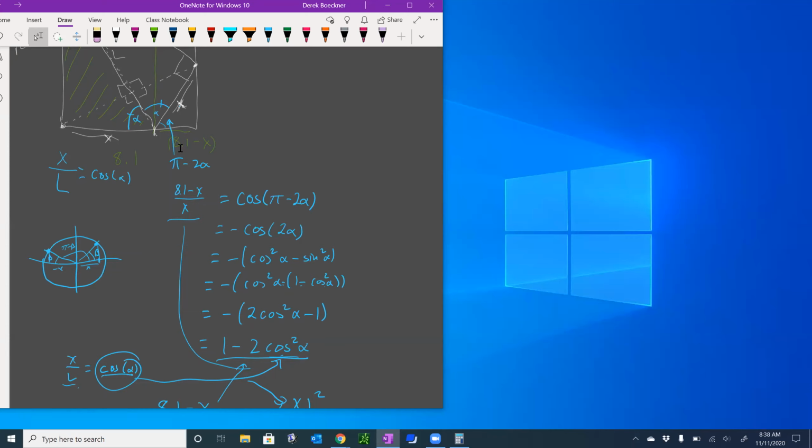Instead of the double, they use the half. Maybe they labeled this angle alpha, and then this was half of that or something, if that makes sense. Or 2 minus alpha or whatever that was. Maybe they did that.